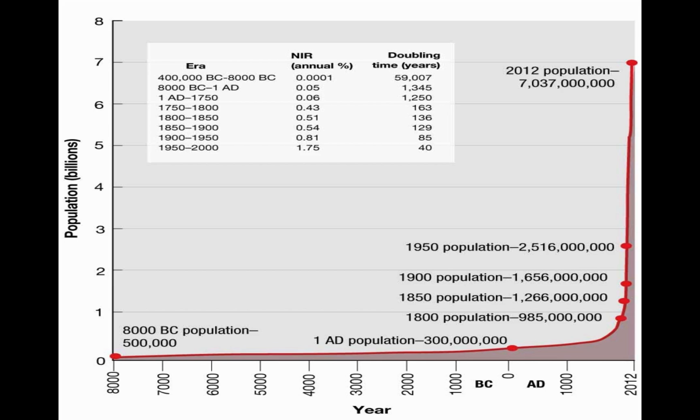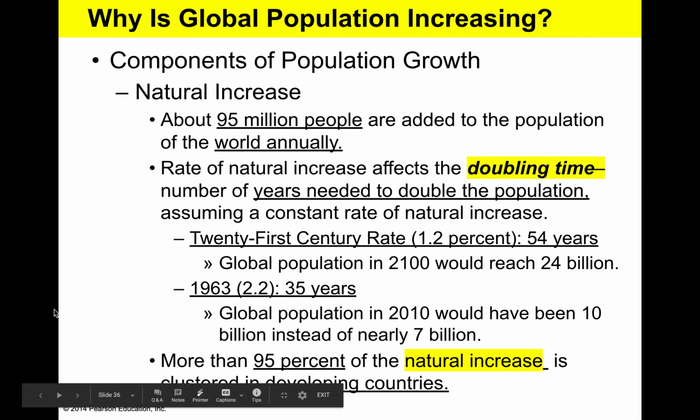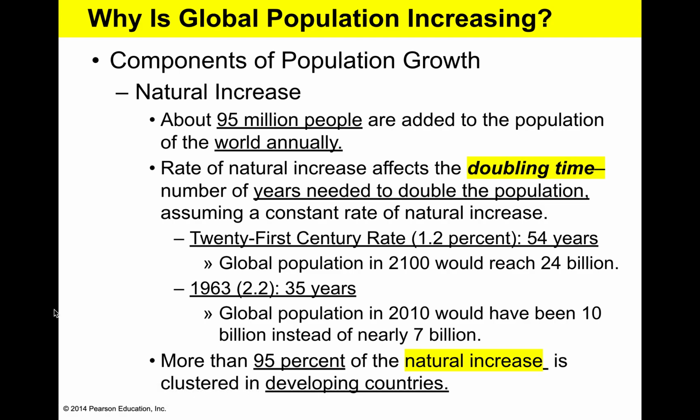But really we begin to see growth when the United States becomes industrialized in the 1800s to 1850s, and now population grows. And then by the 1950s, countries will industrialize all around the world. All right, so we add about 90 to 95 million people a year, which is the world annual natural increase.